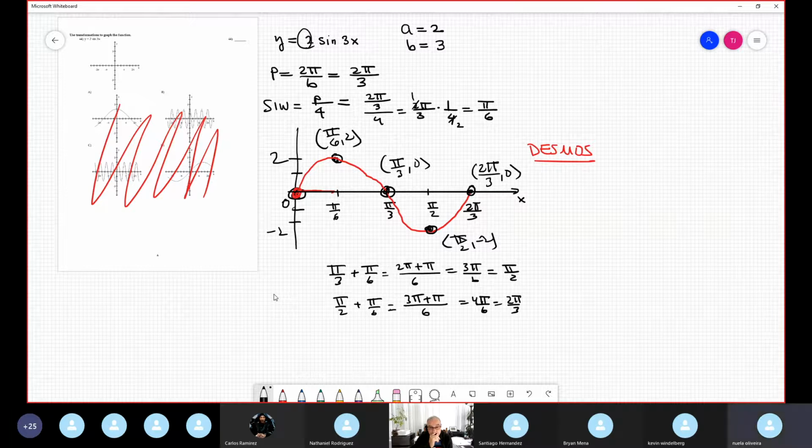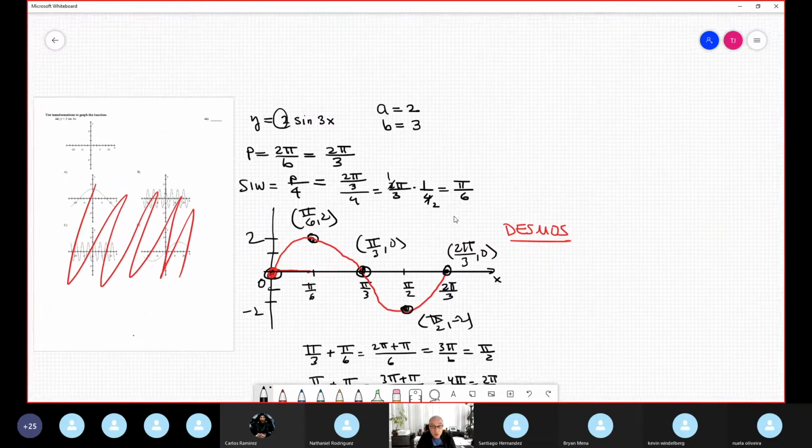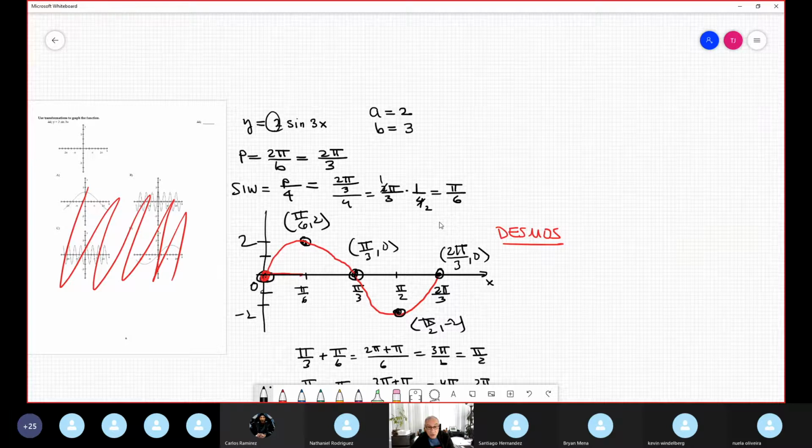Yes, Professor, but I didn't understand why we have the 2 as a y. Because you need to know from college algebra, when you multiply a function by 2, that 2 outside is a vertical stretch, by a factor of 2.